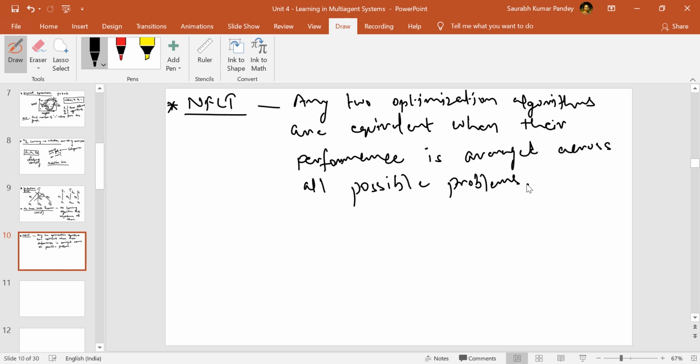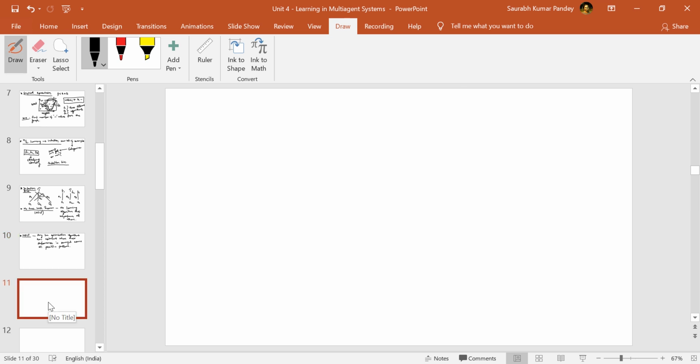Fine. Now let's talk about the moving target function. Okay, what is your moving target function? Whenever a learning agent is placed in a multi-agent scenario, some fundamental assumptions of machine learning are violated.